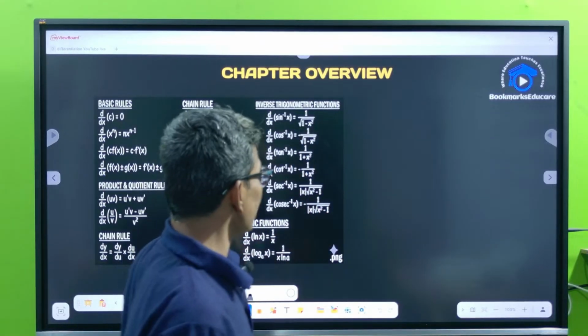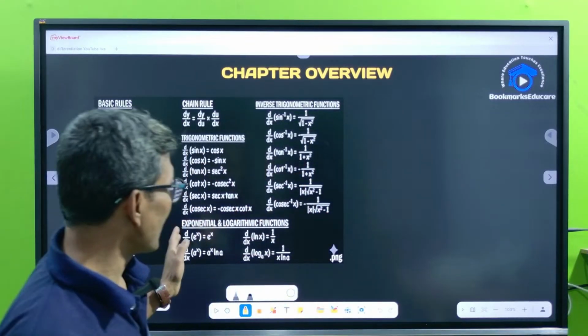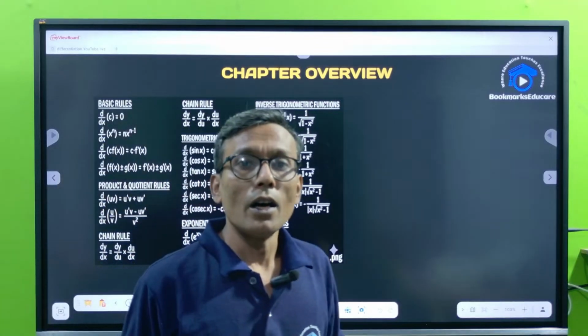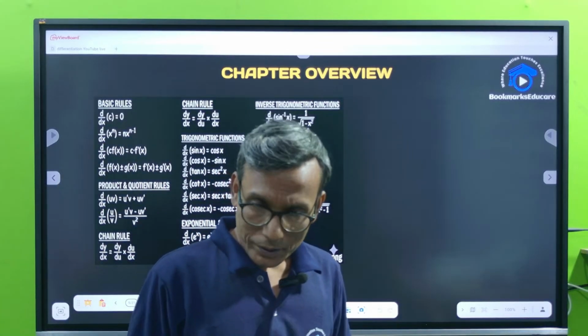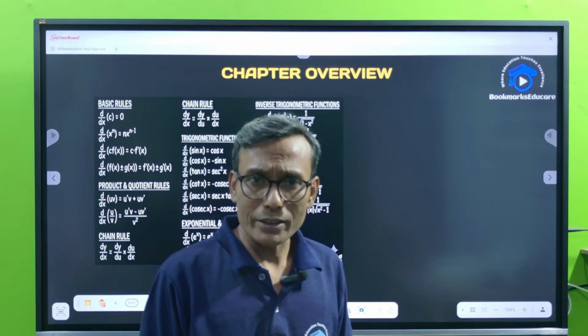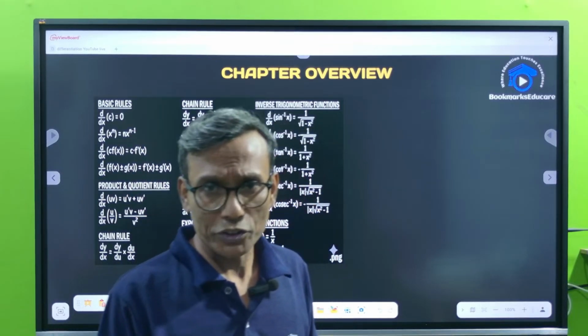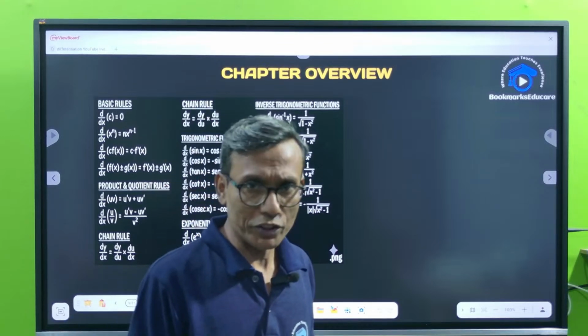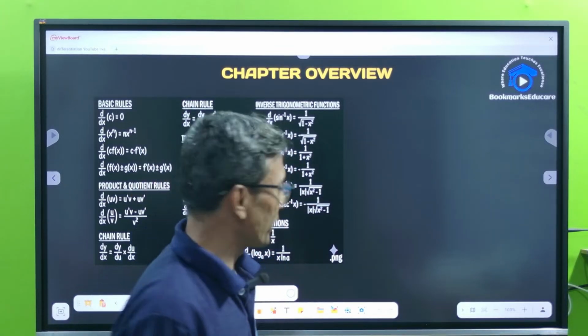These formulas are derived from the limiting definition, or the first principle of differentiation, or first principle of derivatives.